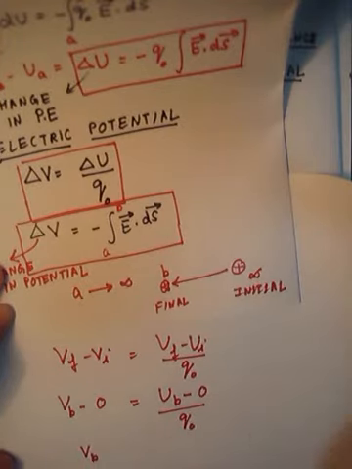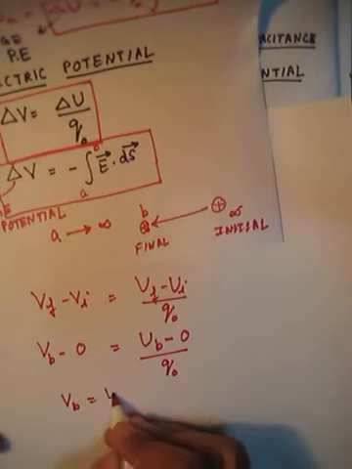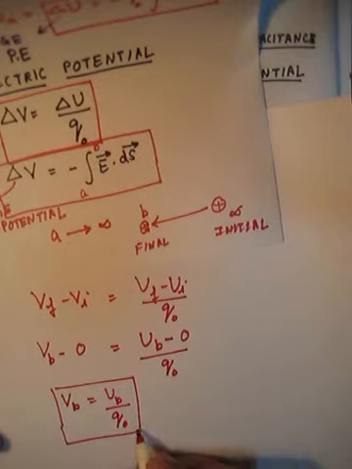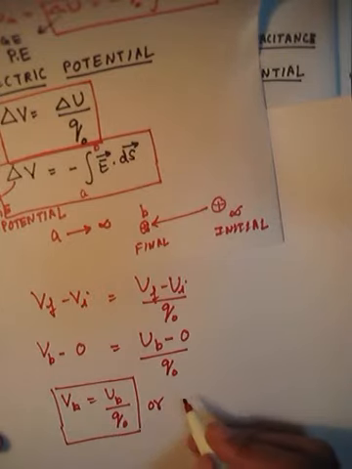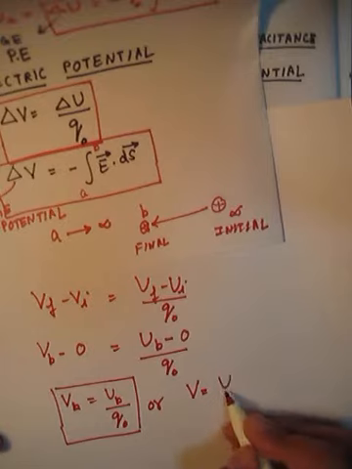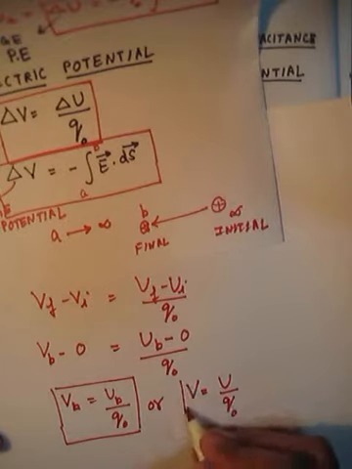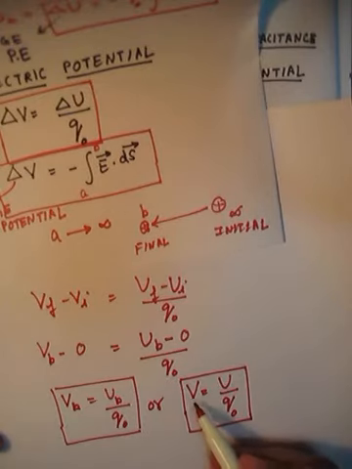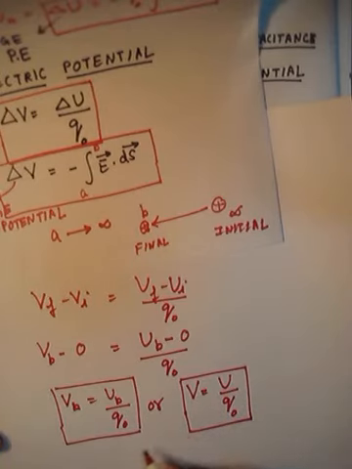So we get VB is equal to UB upon Q naught, and it will be true for every point A, B, C. So in general we can say that electric potential is potential energy per unit charge. The unit is volt. It is energy, so it is joule, per coulomb. So 1 volt is 1 joule per coulomb.